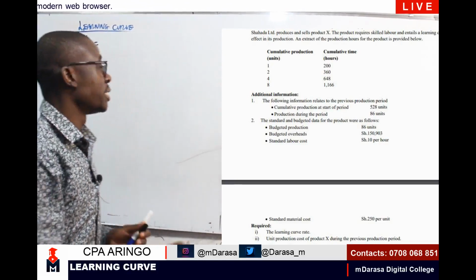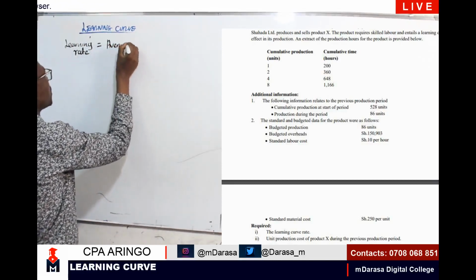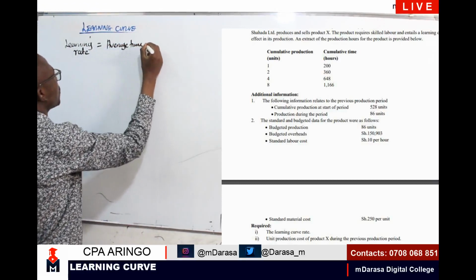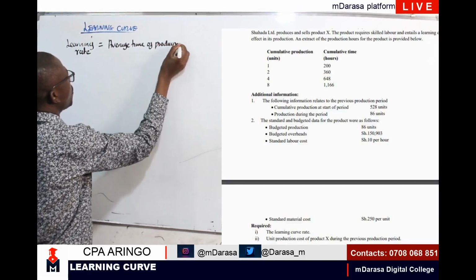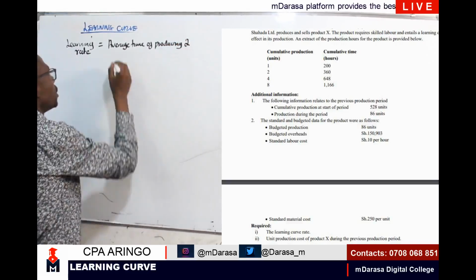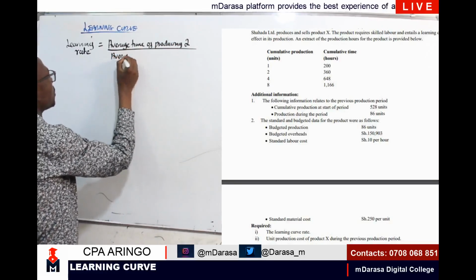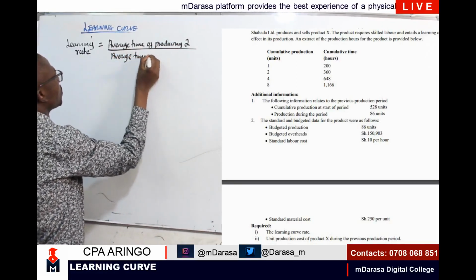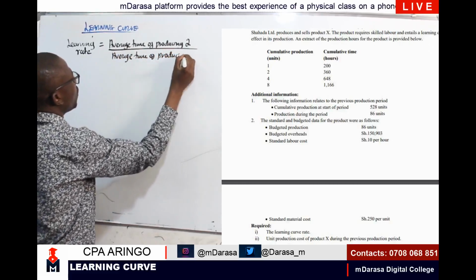For the learning rate, you just take your average time of producing, say, the second batch, and divide by your average time of producing your first batch.